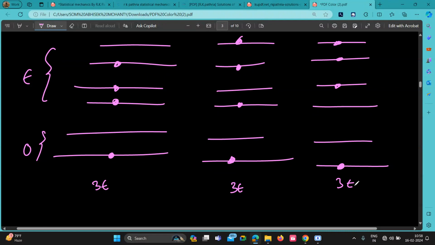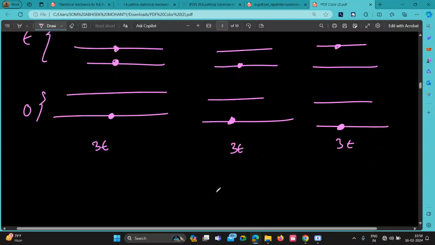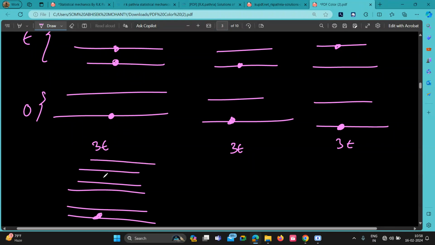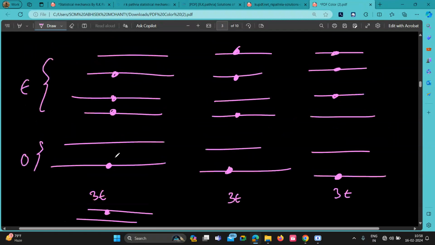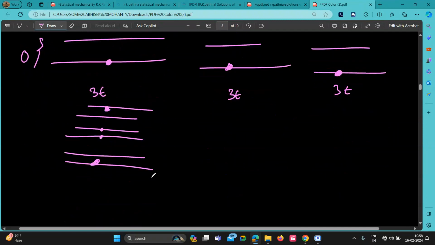In what other way can we arrange them? We can leave this one. This is one particle here, and this is also a possibility for 3 epsilon. Any more 3 epsilons we can do?